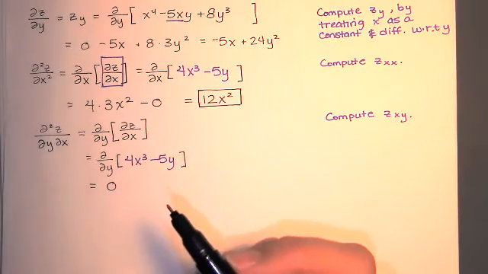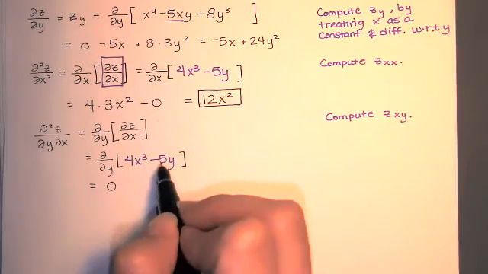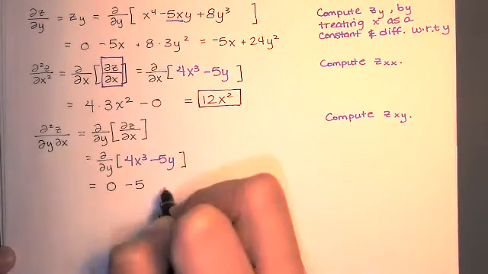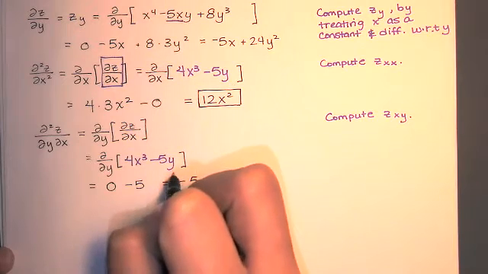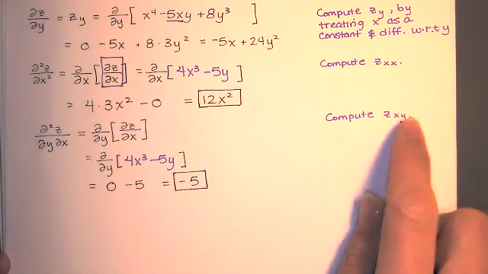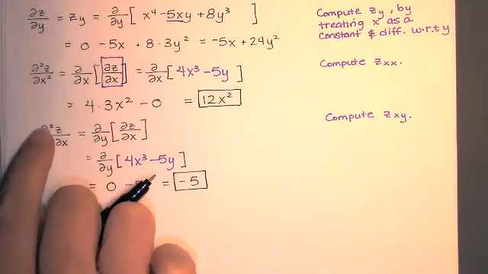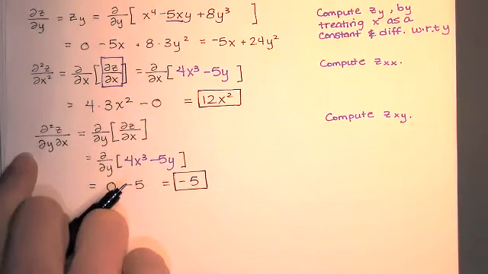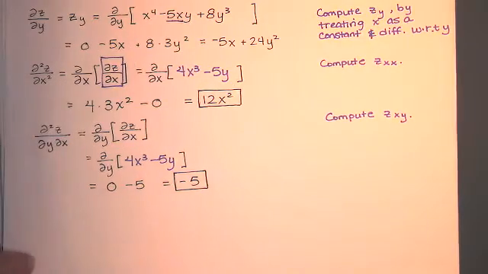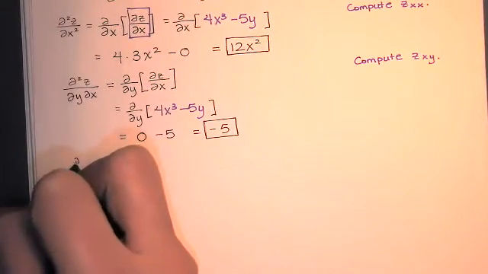It's just constant with respect to y, so I get a 0. And then this is a constant times y. The derivative of a constant times y is just our constant. So we get negative 5 as our answer. That's the partial of z with respect to x and then y. And remember, you read this one right to left. You take the partial of z with respect to x and then y. Now our mixed partials should be equal.